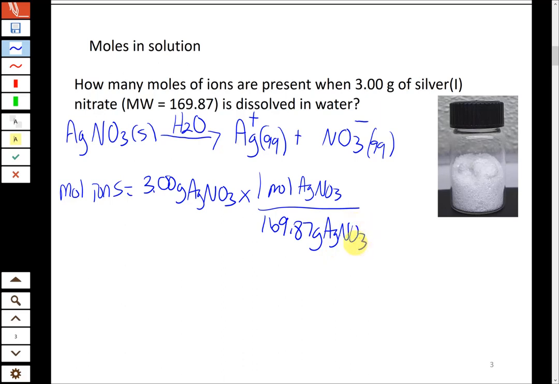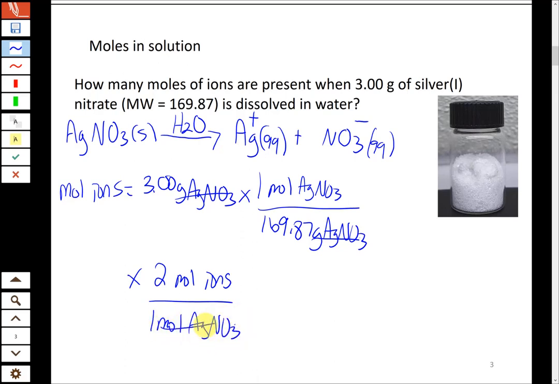But again, we have to keep close track of what that moles represents. That moles is going to be moles of silver nitrate, but we're looking for moles of dissolved ions. So there's one more step here, because as we said, for every mole of silver nitrate we dissolve, we get 2 moles of ions. 1 mole of positive ions, 1 mole of negative ions, a total of 2 moles of ions. So there's going to be 2 moles of ions for every 1 mole of silver nitrate, AgNO3.